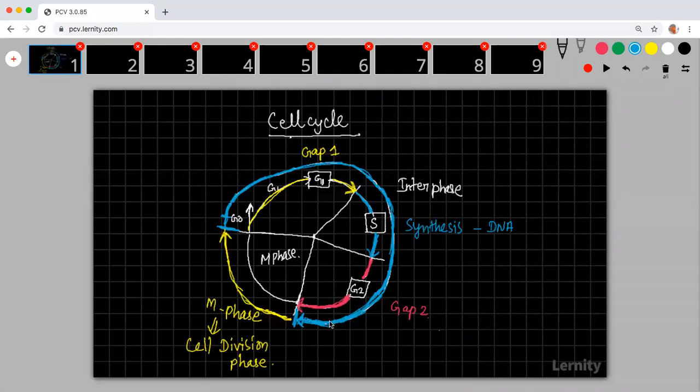So you have some kind of checkpoints to ensure that everything is going in the right direction. So suppose there is a checkpoint here at this particular stage, which we call the G1 checkpoint.